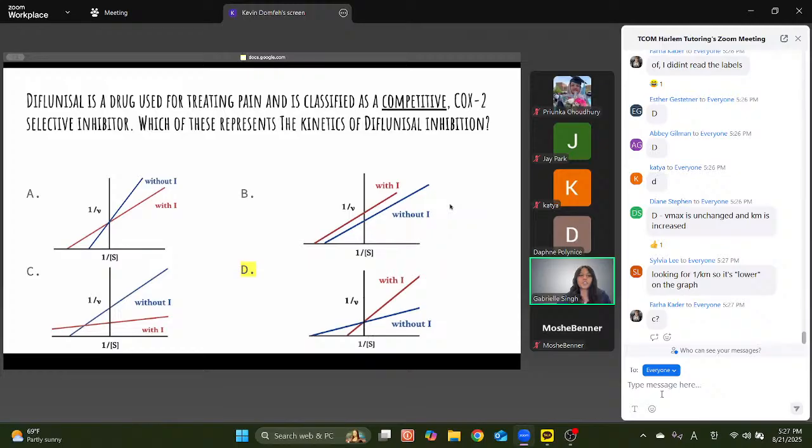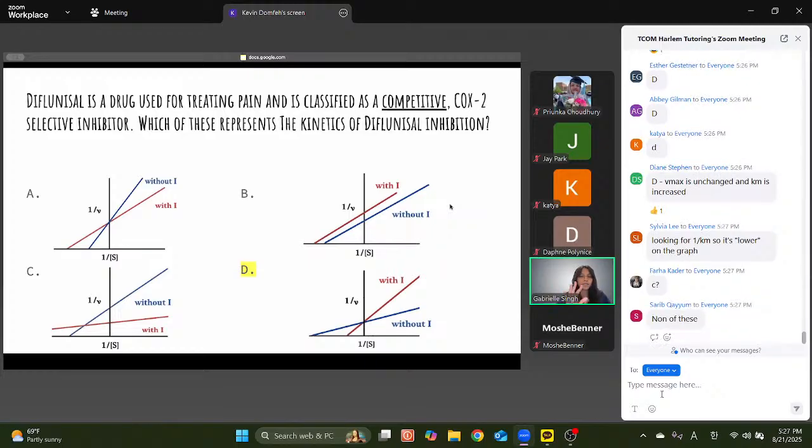Right, exactly. For competitive, Km is higher, so it moves towards the right, and Vmax is the same. But for non-competitive, Km is the same and the Vmax is lower.